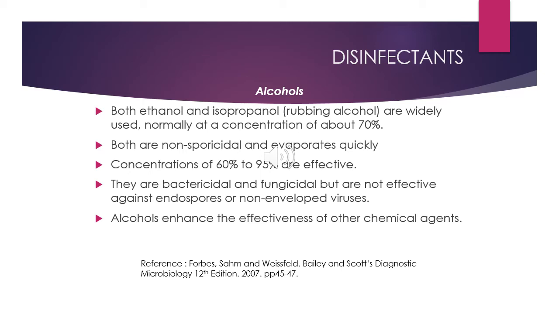Concentrations of 60% and above up to 90% are effective. Okay? So, they are bactericidal and fungicidal but not effective against your endospores, non-sporicidal. Alcohols enhance the effectiveness of other chemical agents if used as disinfectant.